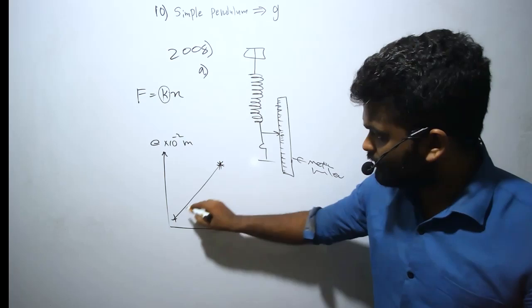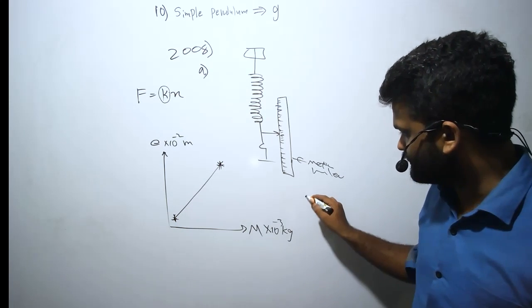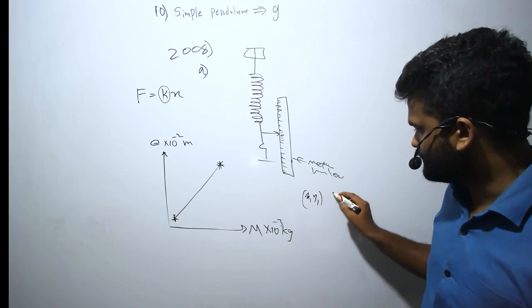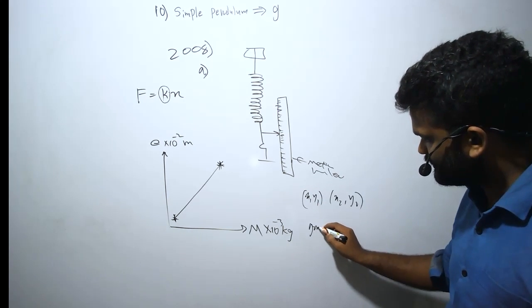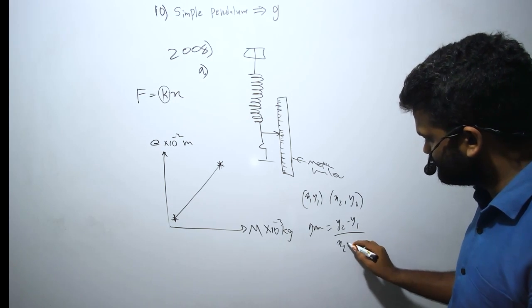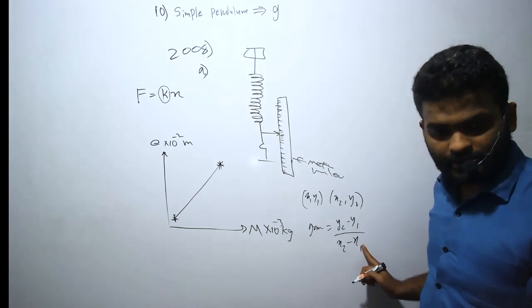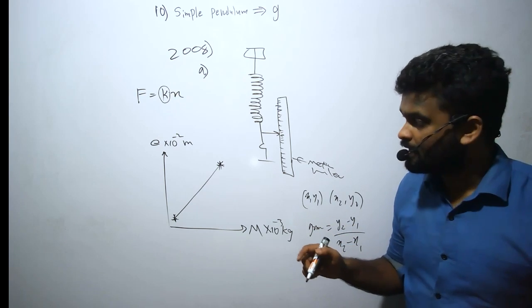One coordinate here, one coordinate here. Let's say x1, y1, another one x2, y2. So what is the gradient? Difference of y coordinates divided by difference of x coordinates. Then this gives the gradient, right?